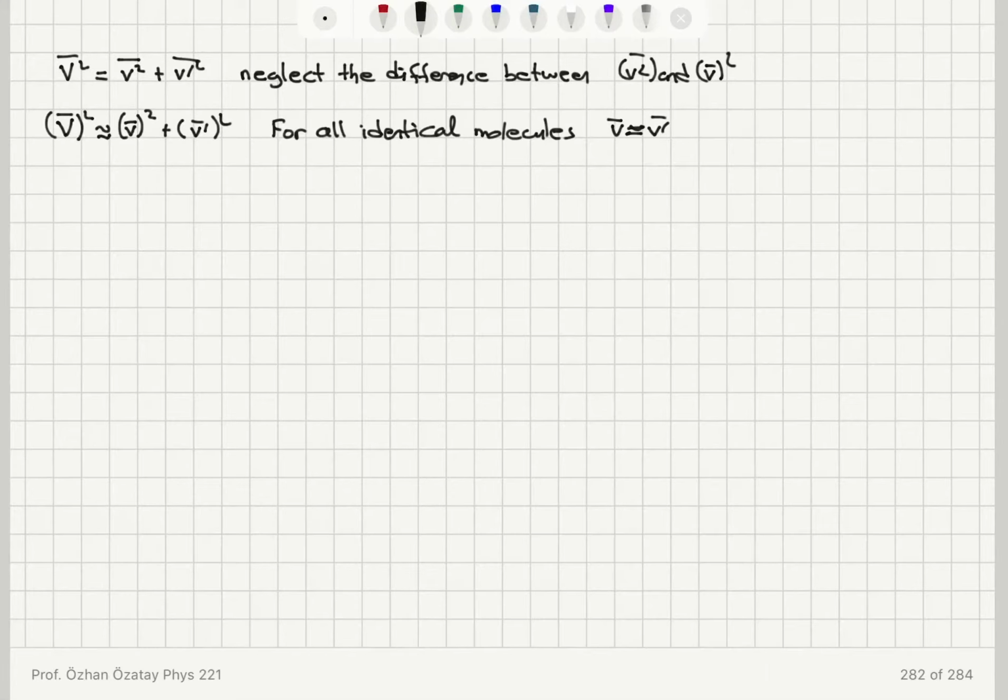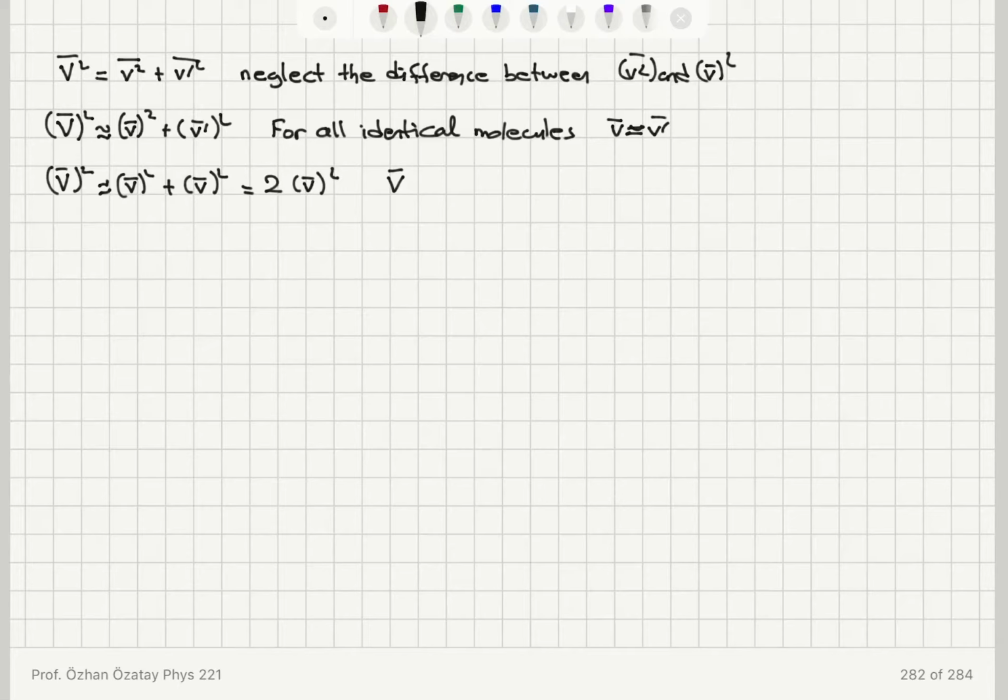So basically this allows us to write capital V bar squared as v bar squared plus v bar squared, so it will be equal to 2 v bar squared.